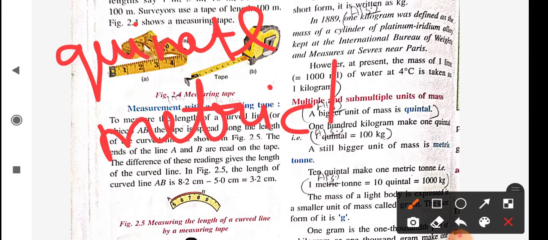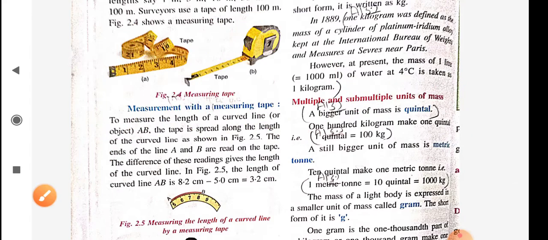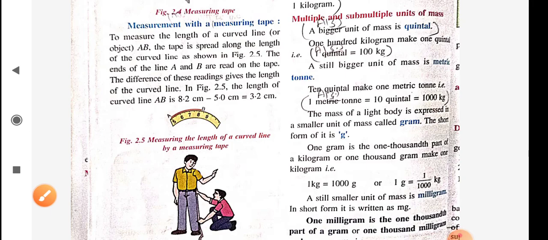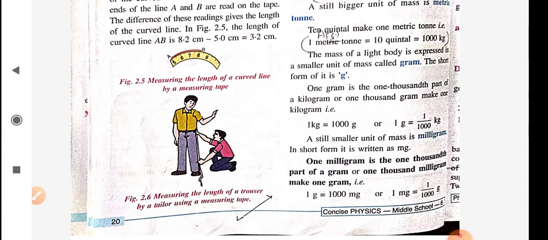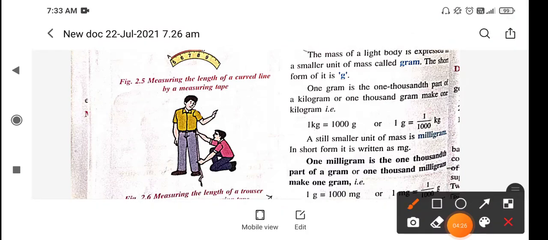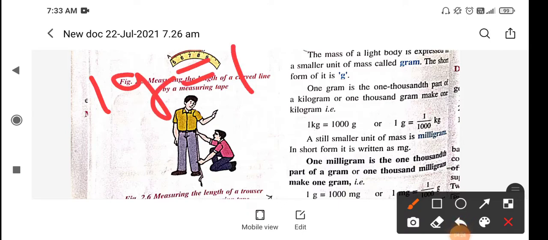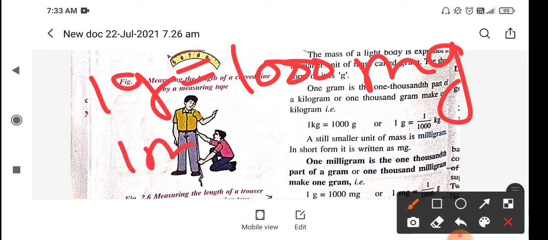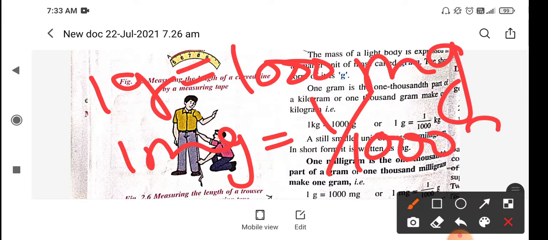Remember, the bigger unit of mass is quintal and the still bigger unit is metric ton. And the smaller unit of mass is milligram, mg. 1 gram equals 1000 mg, and 1 mg equals 1 upon 1000 gram.